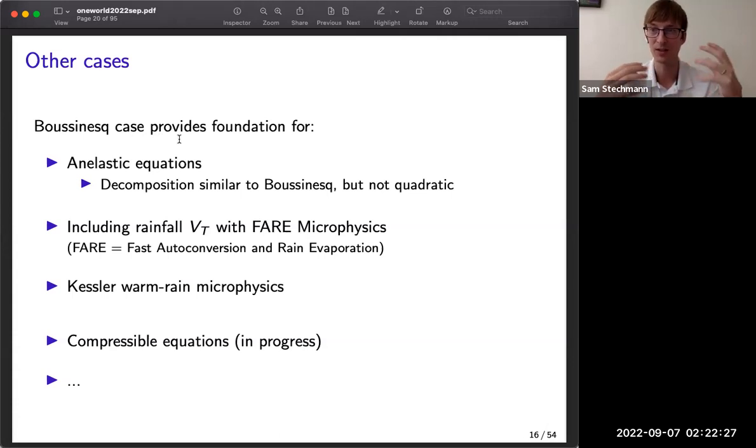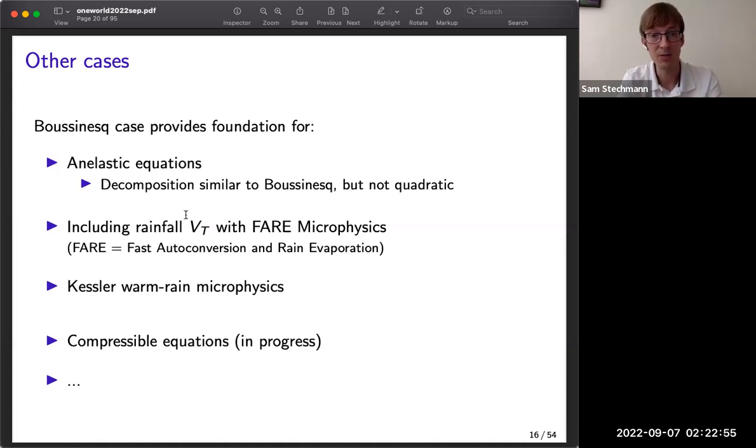It contains the simplest version of phase changes in clouds, but you could add in lots of other complications. You can make the buoyancy more complicated. You can try this for the anelastic equations. We found a similar decomposition into unsaturated and saturated potential energy, and then this moist latent energy, although for the anelastic case it's not a quadratic energy anymore.